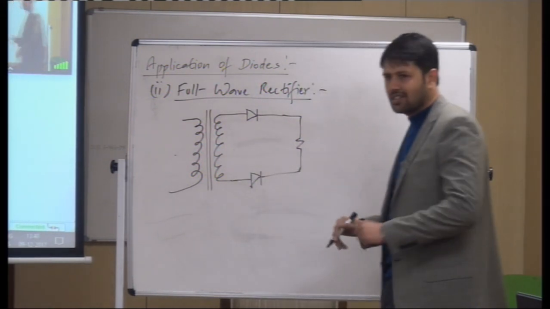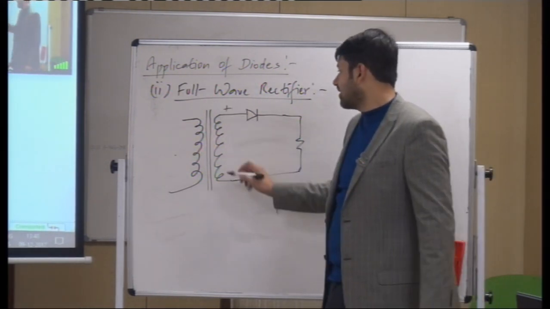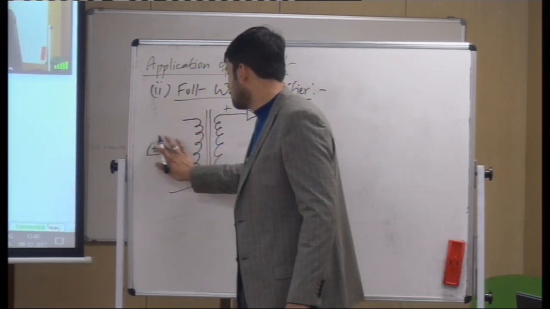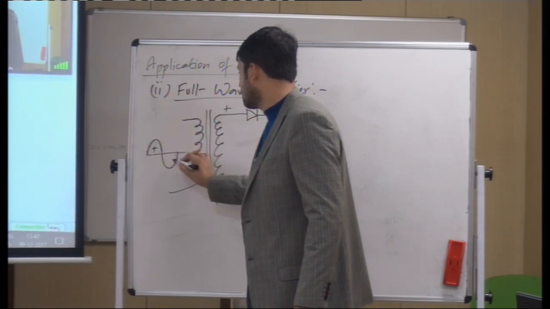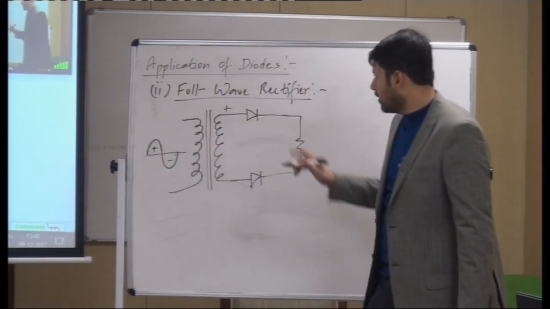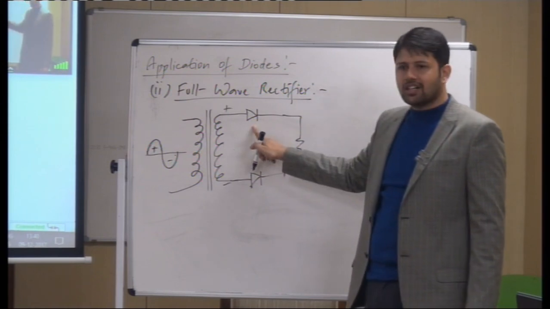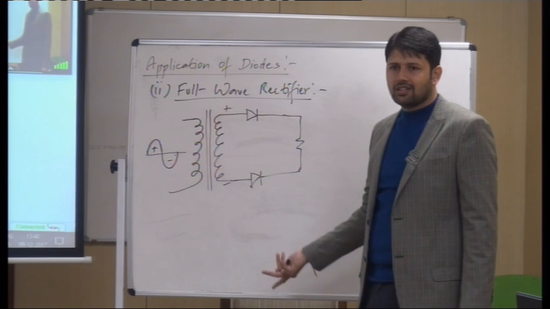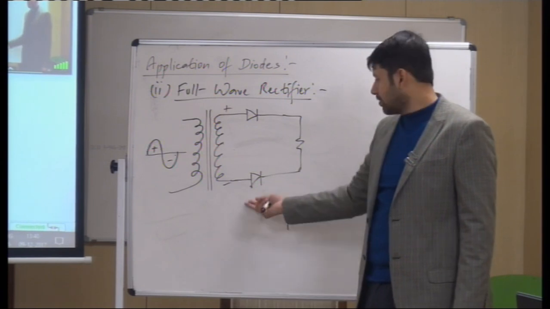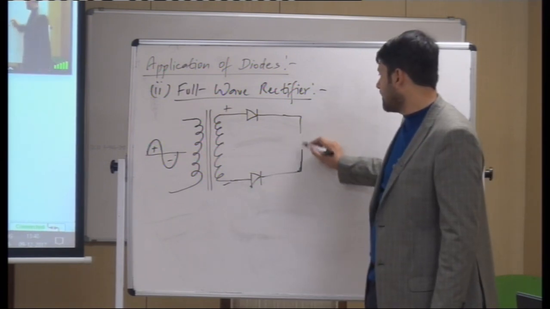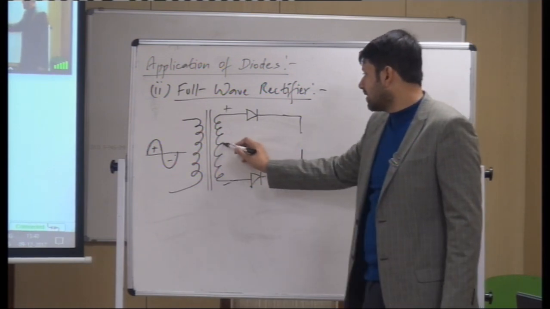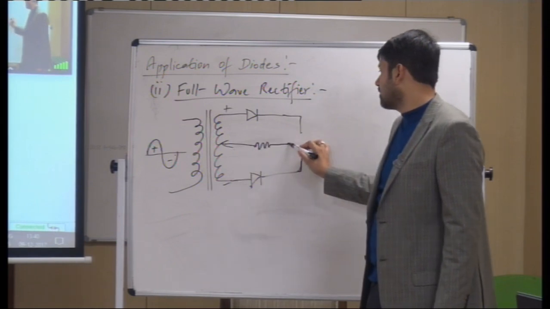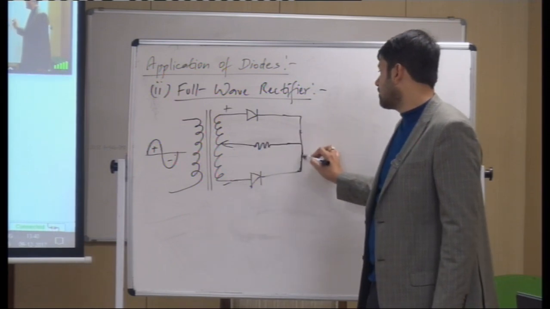Now what happens if I connect this? If the positive cycle comes, this would conduct, this would not conduct, right? And vice versa, this would conduct and this would not conduct. So we need some arrangement to send the current back, which is through the center tap.